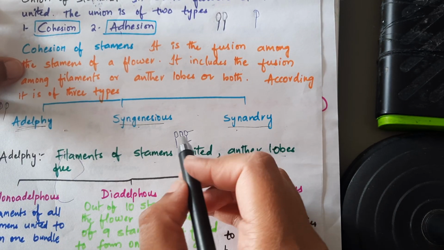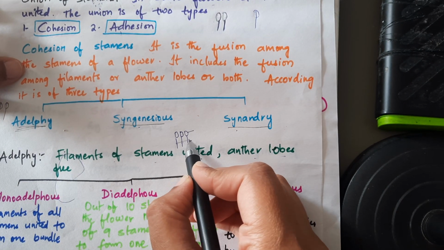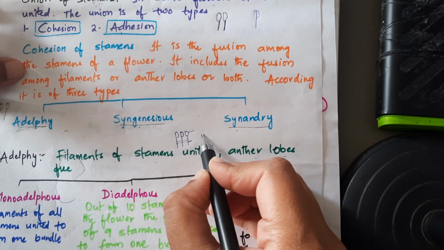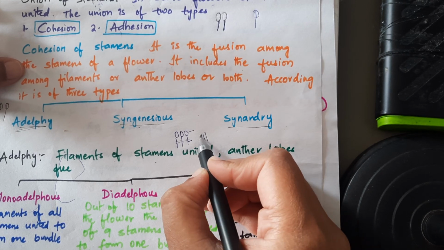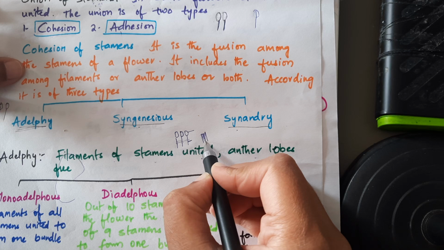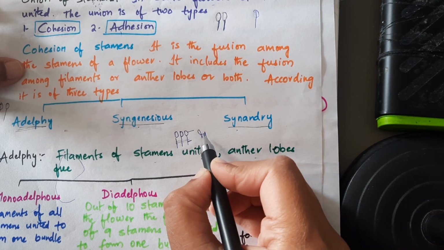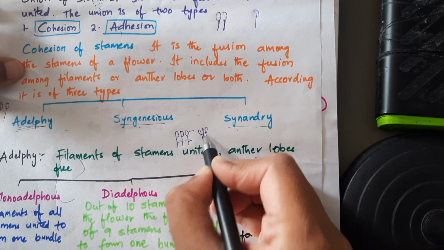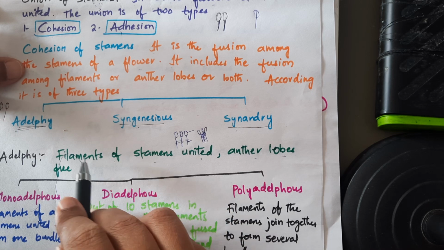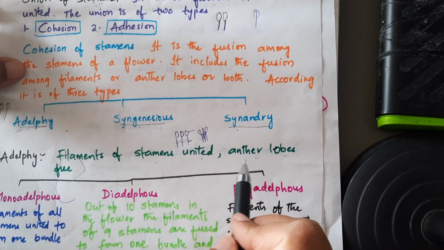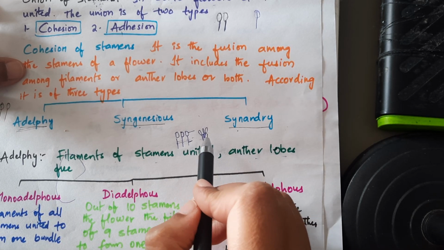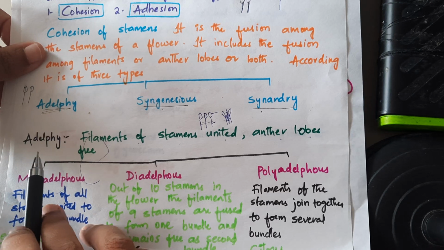So what it is saying? These filaments are united, completely fused, and the anther lobes remain free. This condition in which the filaments are united and the anther lobes are free, we call it the Adelphi.